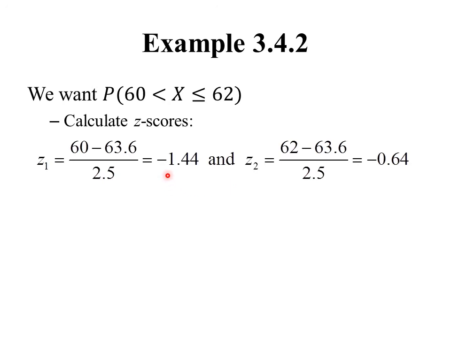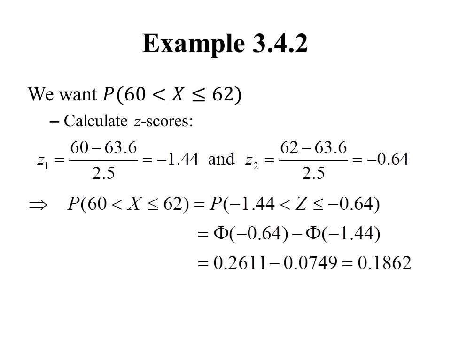That gives us z-scores of negative 1.44 and negative 0.64. Then the probability that we want is equal to the probability that Z is between negative 1.44 and negative 0.64, which by using arguments from the previous example is equal to this, and then we look up those values from table C1 and we get our final probability, 0.8162.